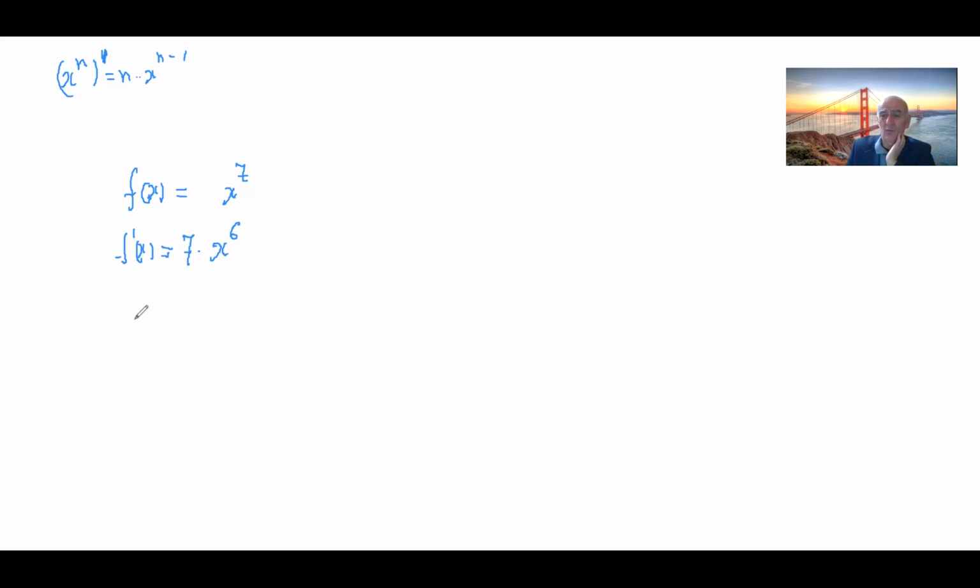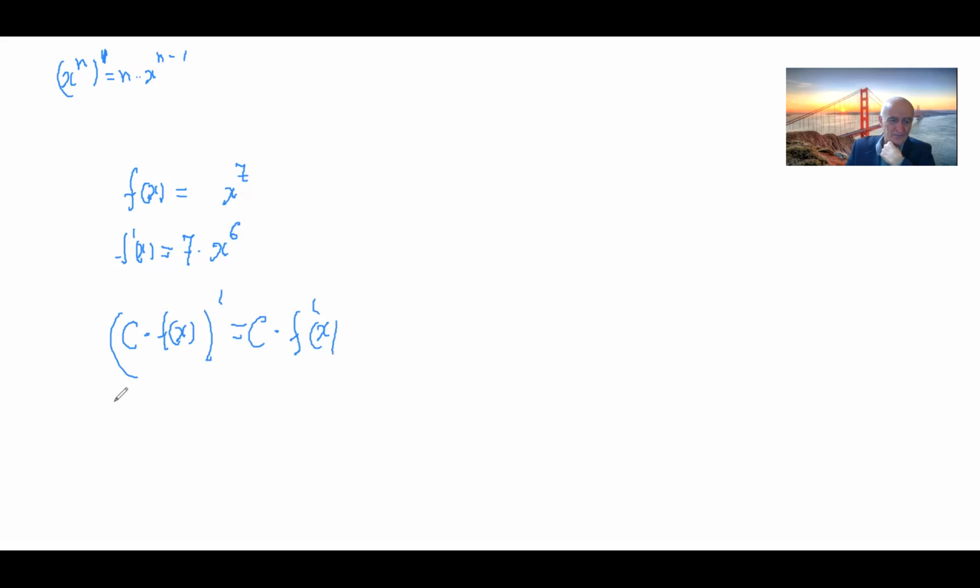Now, what it means that I can move a constant out of the derivative. If I have a function c times f(x), I can move out c, and this is equal to c times f prime of x.